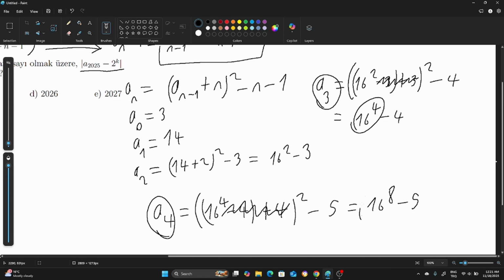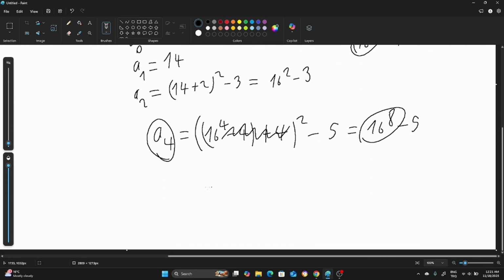For a4 we had 16 to the 8th power. Considering these two, we can find a general formula for which a_n equals 16 to the, let's add parentheses, 2 to the n minus 2, and I think minus n minus 1.